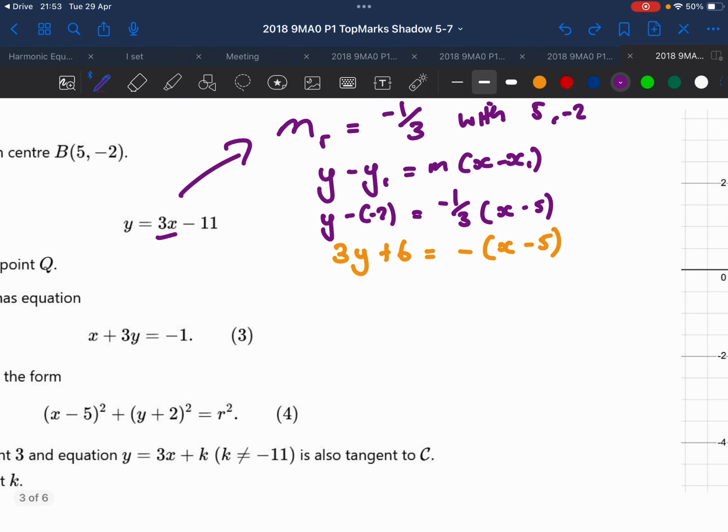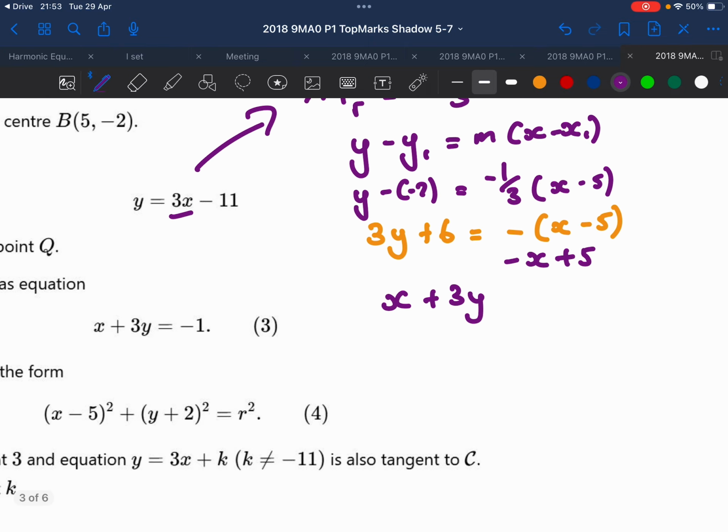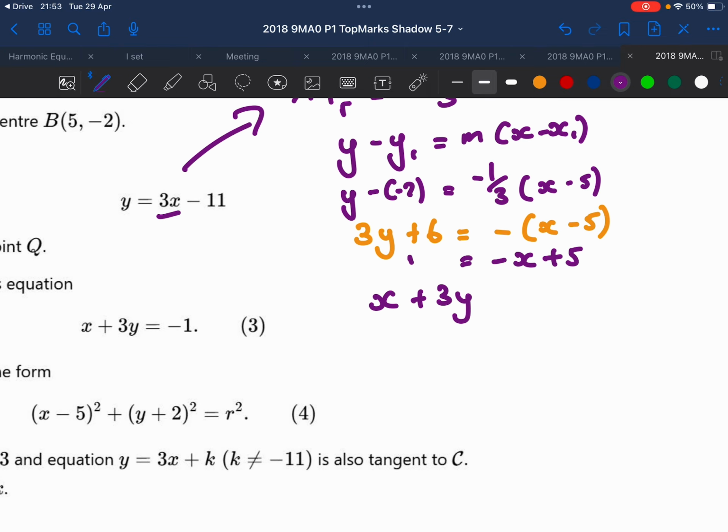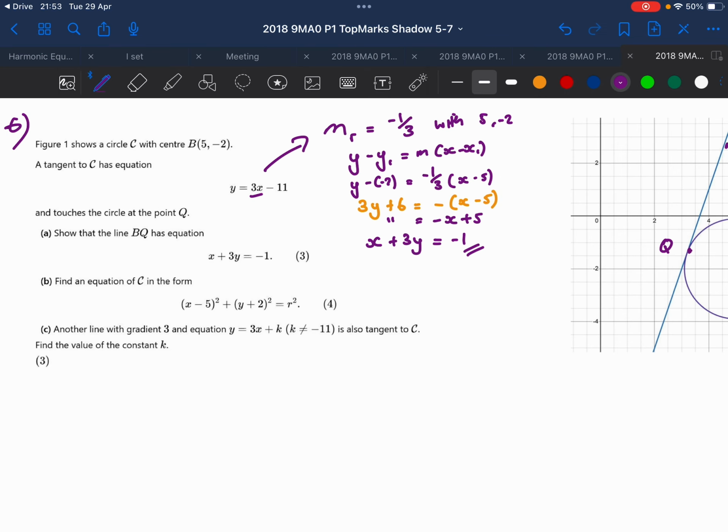The goal is x plus 3y, so let's bring this to the same side. So x plus 3y equals minus 1, because 5 minus 6. Okay, great, we've done that one.